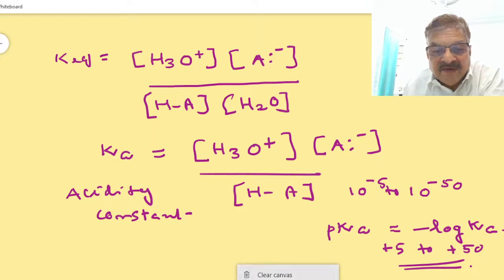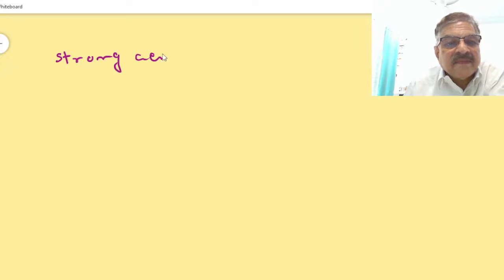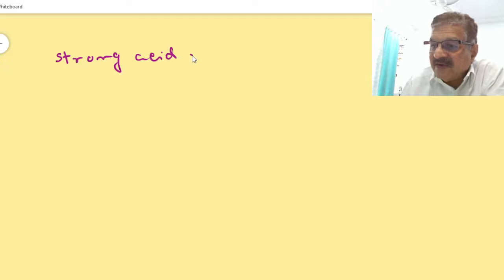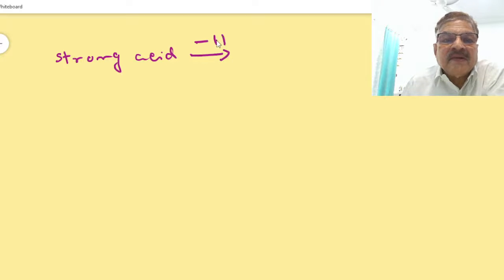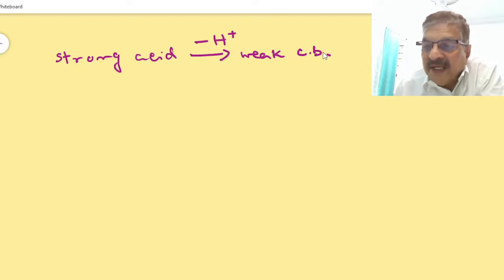Because in equilibrium reactions, these are all very, very important concepts. Like a strong acid: what happens? A strong acid readily donates the proton. And what will be the product here? A weak conjugate base. Strong acid always gives a weak base.